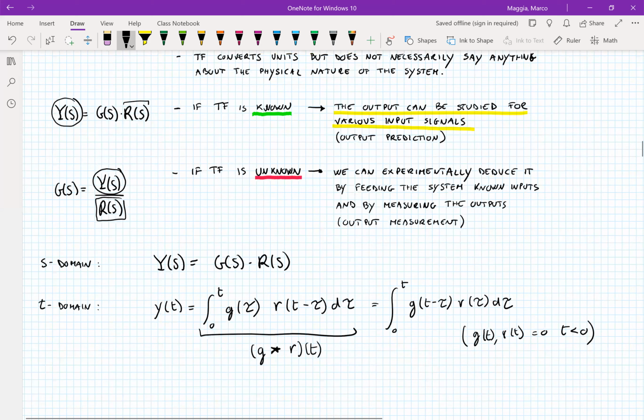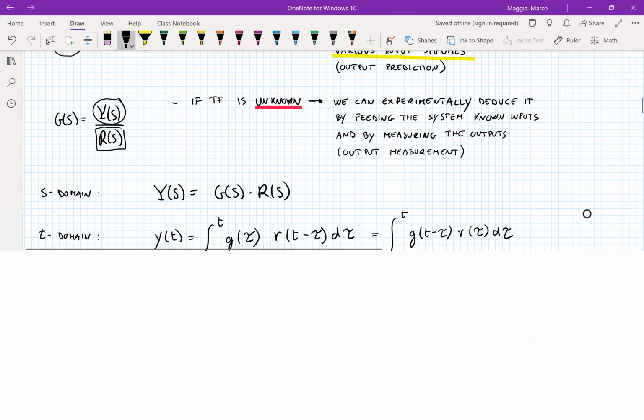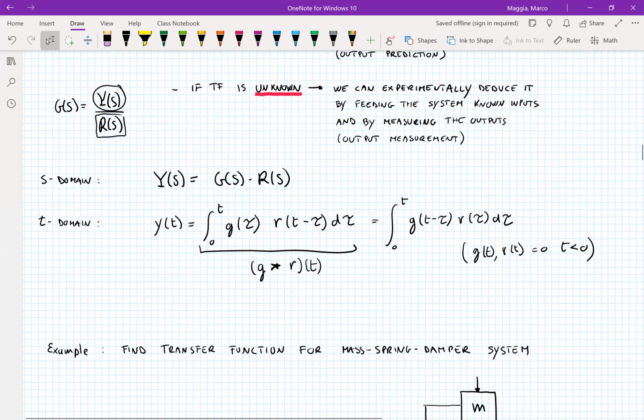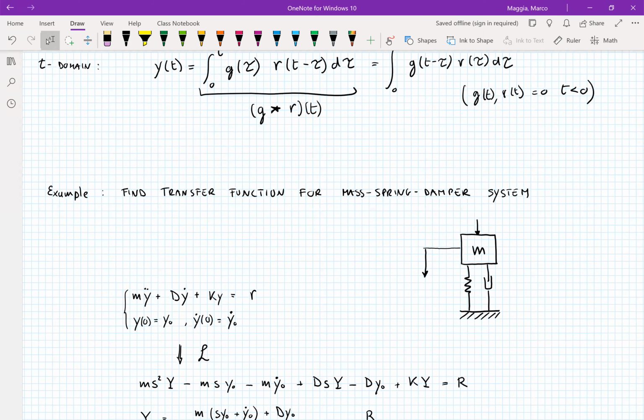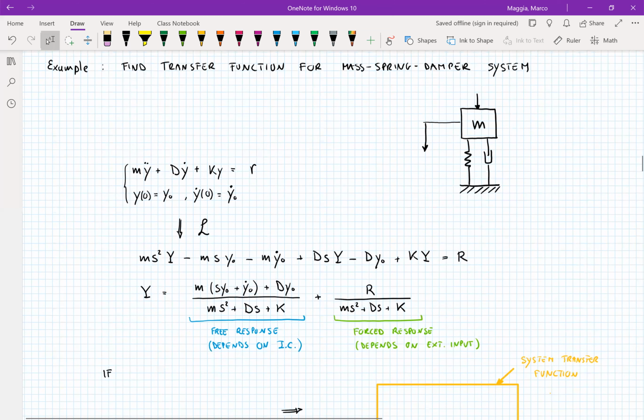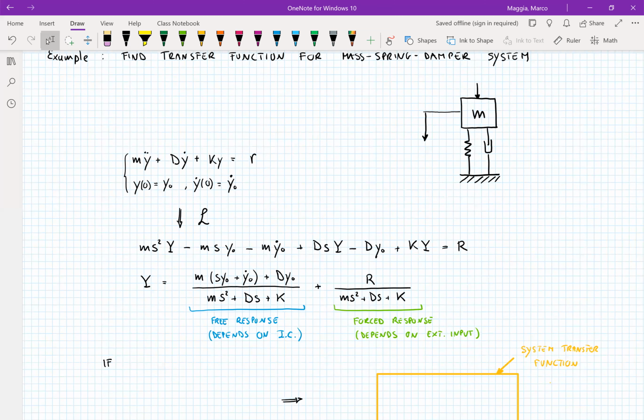All right, let's take a look at the usual example of the mass spring damper, and let's find the transfer function for this system. Here I've left written what we found earlier in part 1 of the lecture, but let me just recap.